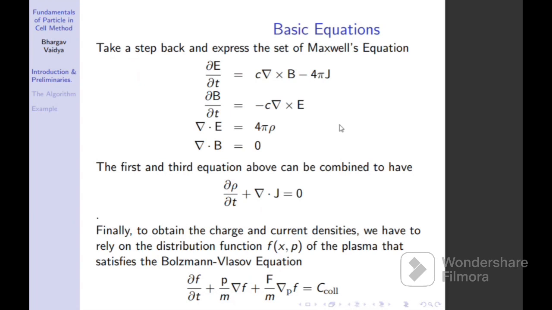So now your equations have changed. You are no longer in the MHD domain. You are now treating individual particles, or essentially a group of particles. But they are experiencing the electric field and the magnetic field because of their motion, and the current and charge they generate, and so on. So this is the set of equations that are your concern.